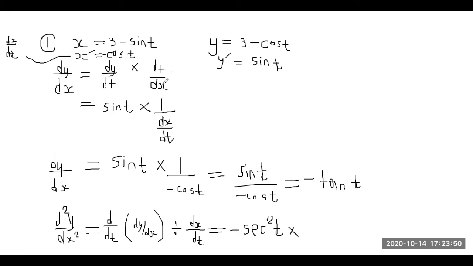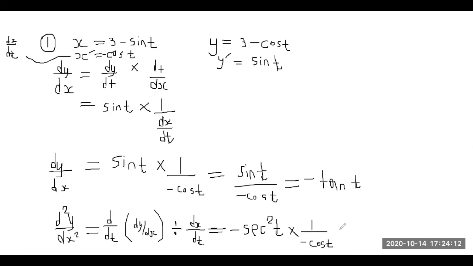And we found already that dt/dx is 1 over dx/dt. So it is multiplying by 1 over minus cosine t.